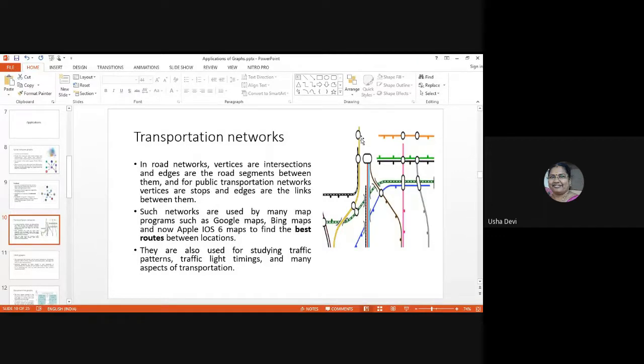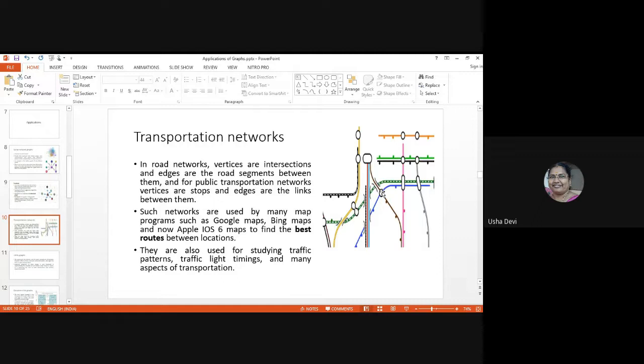The user is going to start from here, that is the starting location. They want to go to some other location, and that is the destination location. There are so many possible ways, and you may come through different stations, and among those, which could be the optimized or shortest path.